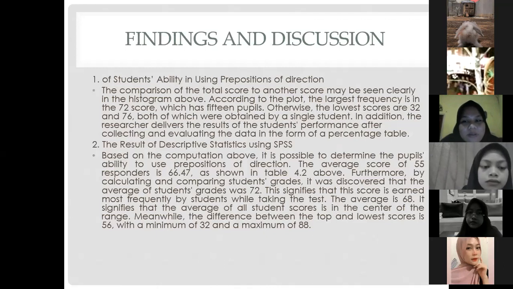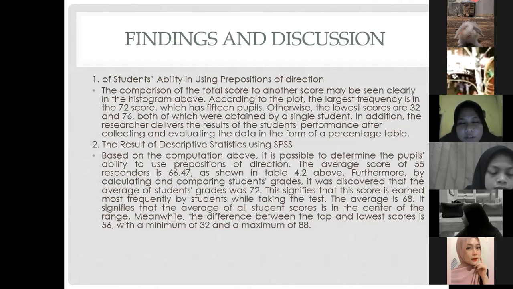For findings and discussion, number 1, students' ability in using preposition of direction. The comparison of the total score to another score may be seen clearly in the histogram above. According to the plot, the largest frequency is in the 72 score, which has 15 students.